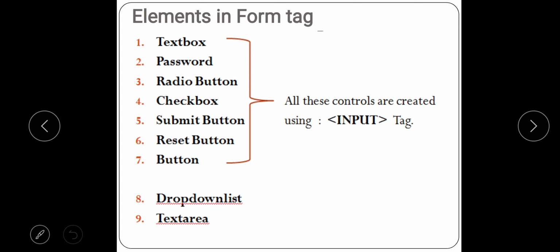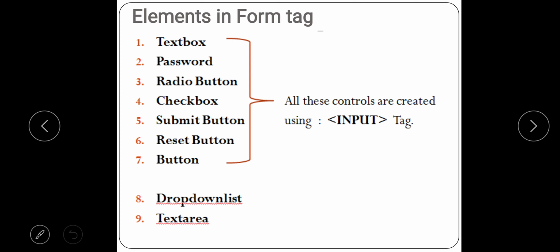So these 7 controls which we saw can be created using the input tag. Remember, I have purposely differentiated them into 2 categories. From number 1 to 7, if you have to create these controls, you need to use the input tag. And the 8th and 9th controls, that is the drop down list and text area, have their own tags.